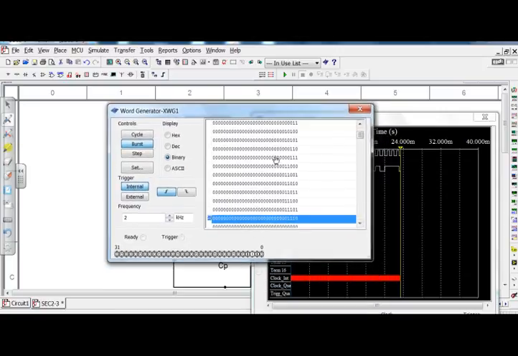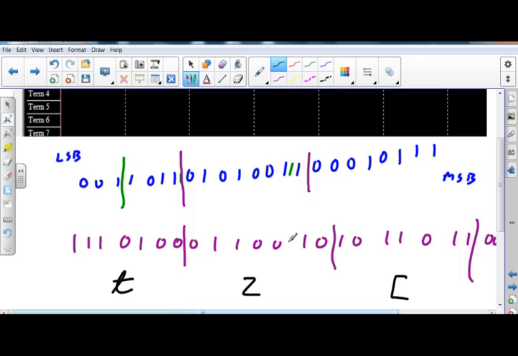Oh my goodness. 1, 2, 3, 4. Okay, so it's transmitting that guy 0, 0, 0, 0, 0, 1. But that's not what we saw. What we saw was 1, 1, 1, 0.